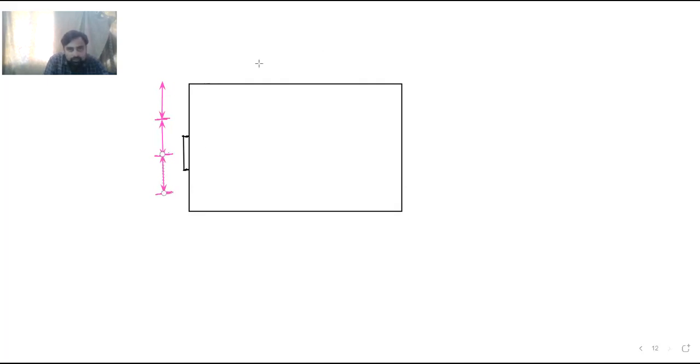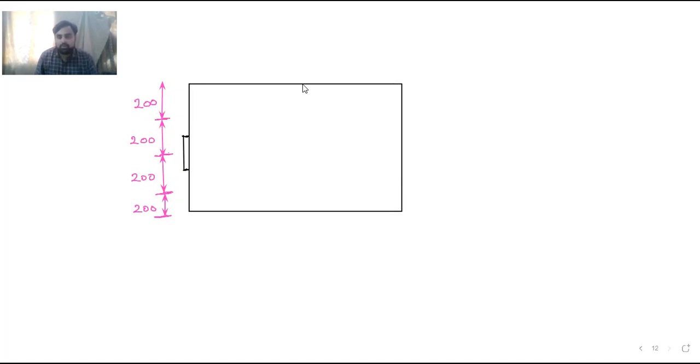Again at the bottom, from this point to the last point, it is also 200. So these distances are 200 mm, 200 mm, 200 mm, and 200 mm. So the total depth is 800. Total depth they have given us is 800.